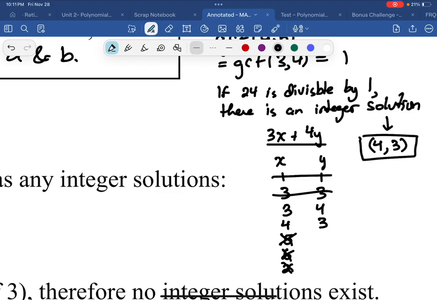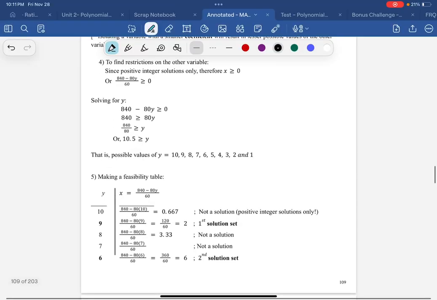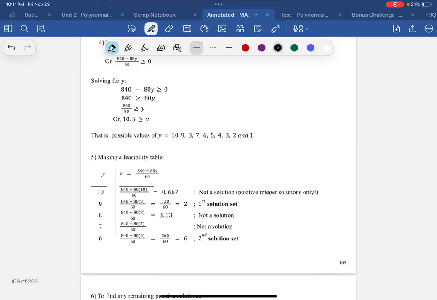For example, I could have tried testing out 300 as an X value here, and then I would realize that's not a good number to pick. If you don't really have an idea, then you're basically starting off with 1, 1, then 1, 2, 1, 3, 1, 4, and so on.